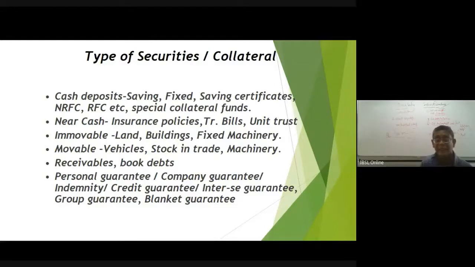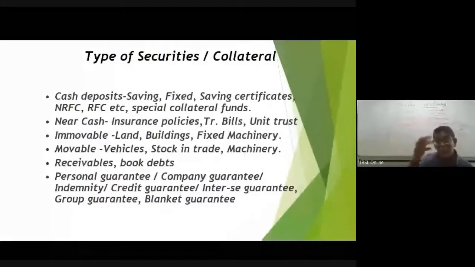And sometimes we take insurance policies. Can you remember? A little while ago, maybe 15 minutes or half an hour ago, we learned insurance covers. Insurance policies can be used as securities. And treasury bills, unit trusts, can you remember? Yes, those you can also use.